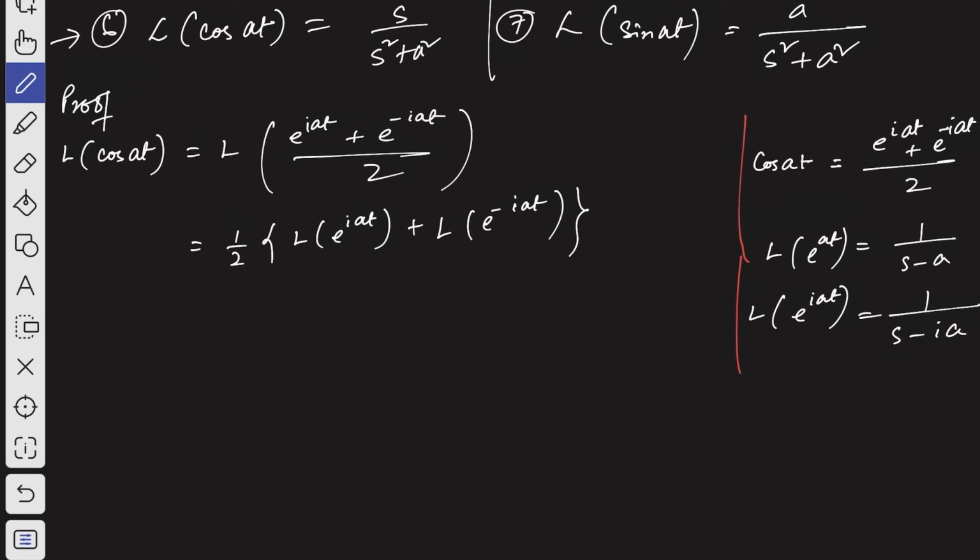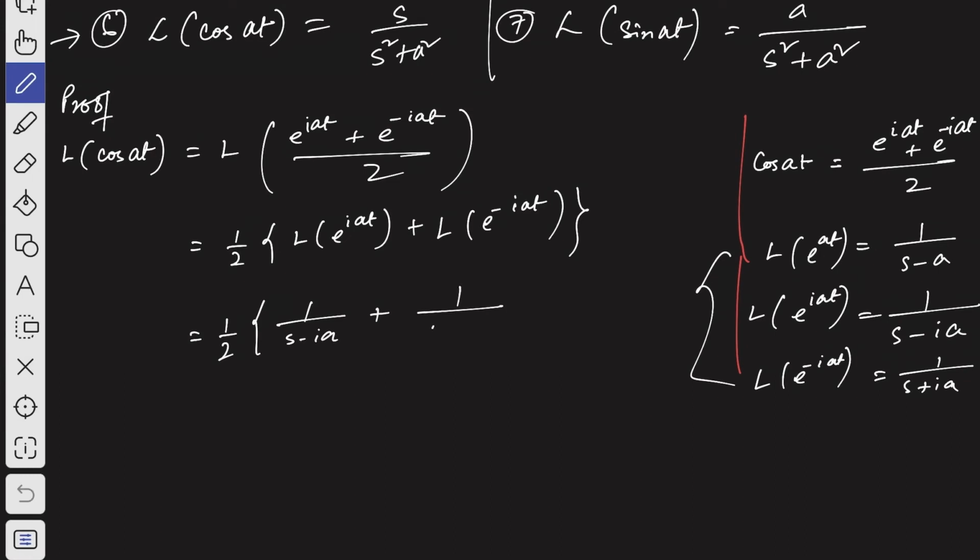Similarly, the Laplace transformation of e to the power minus iat is going to be 1 by s plus ia. So let us use those results here. 1 by 2, using these results, we will get 1 by s minus ia plus 1 by s plus ia. Now let us take the LCM and simplify these two.